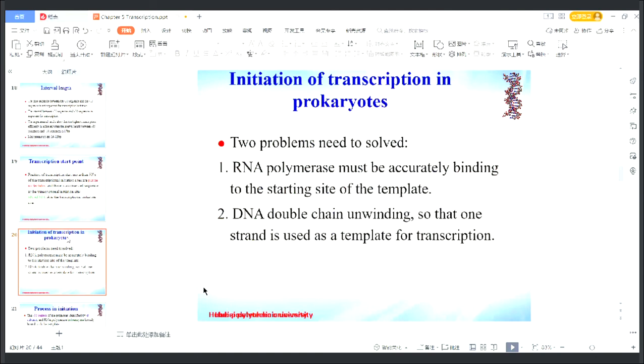And second, the DNA double helix structure must be relaxed and unwound, so one strand is used as the template for the transcription. How to relax is very easy. Similar to the replication, the topoisomerase and the helicase take part in and relax the double helix structure.